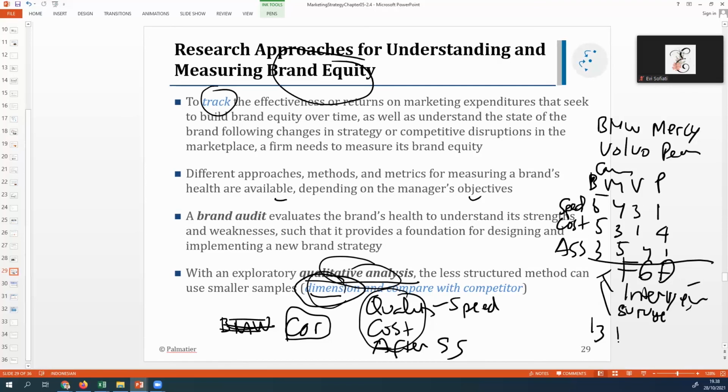This is 12. This one 6. This one 6. So BMW has higher brand equity compared to Mercedes, Volvo, and Peugeot. That is the way of measuring the brand equity, relative to the competitors.